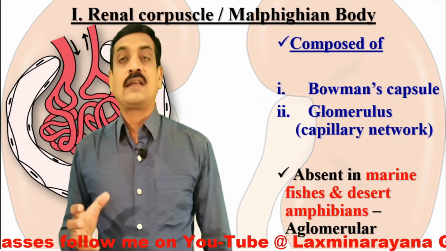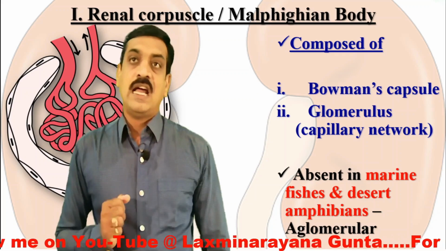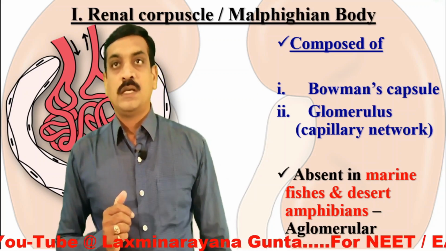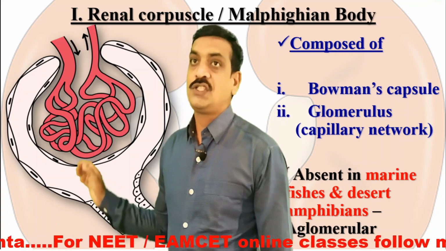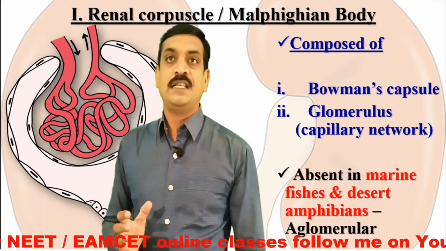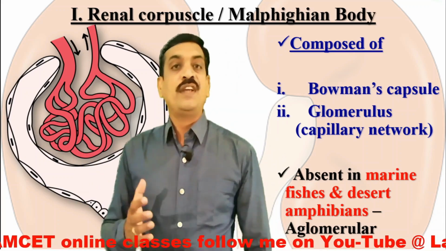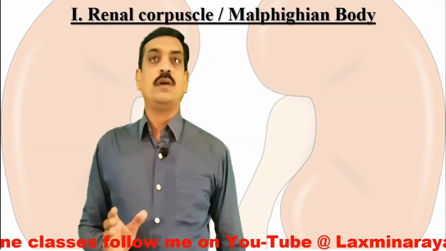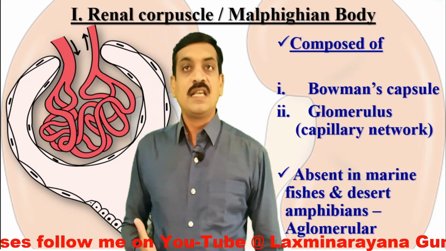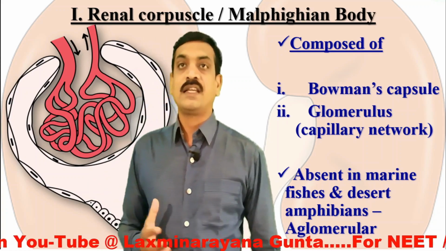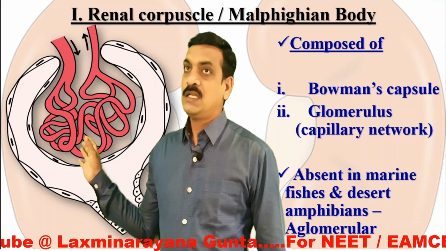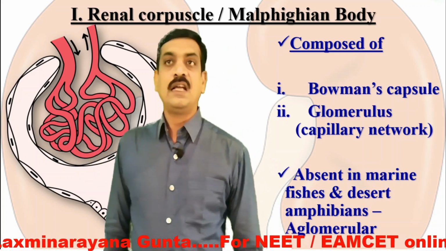That's why the kidney of these animals is called aglomerular kidney. It is an adaptation to prevent the loss of water. Ours is a glomerular kidney, as we have both the Bowman's capsule and the glomerulus.